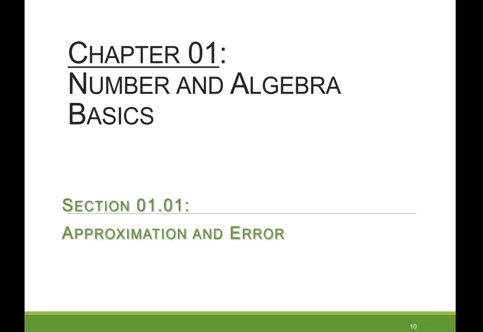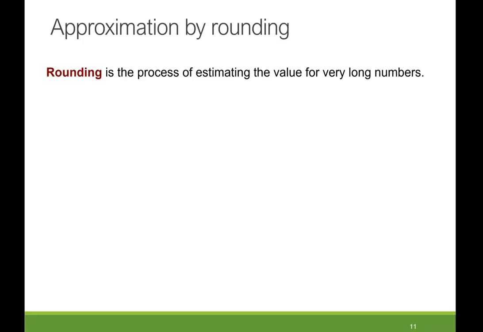Or as large as 10.49999. Both of those would round to 10. Does everybody agree with that? So this is kind of what we're going to be talking about here.